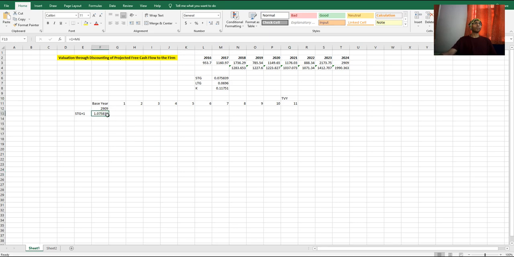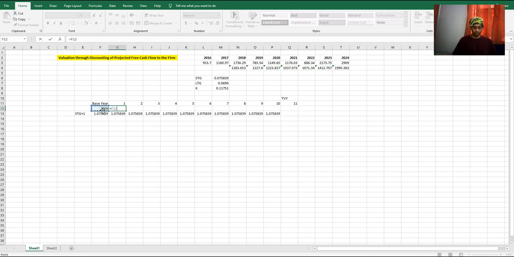So, how do we do it? We multiply the cash flow every year for the next 10 years with the short-term growth rate. So, year 1 cash flow is equal to 2909 multiplied by the short-term growth rate. Similarly, we do it for every year, and here are our numbers.